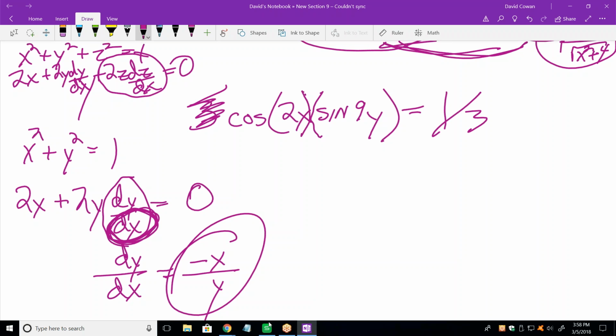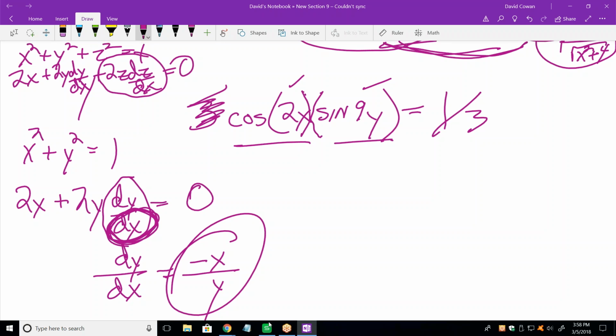Now I'm going to implicitly differentiate it. I've got a product rule because I've got that times that. I've also got a chain rule because I've got an inside there, and I'm going to have an inside there too. So I'm going to have multiple applications of the chain rule here. It's not like they started us off with an easy one.